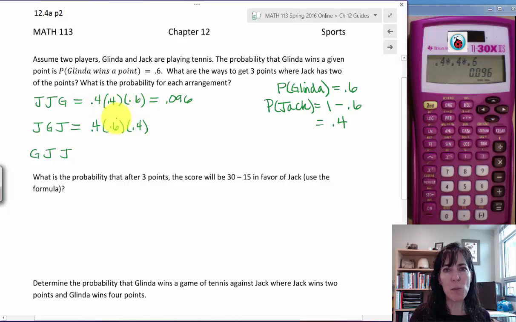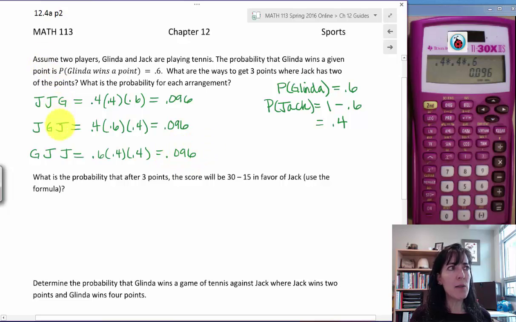It looks like I'm just multiplying the same three probabilities, so I can just write down the same result. If you want to double check it on the calculator, please do. Glinda, Jack, Jack, so this time it's 0.6 times 0.4 times 0.4, and again that will come out to 0.096.